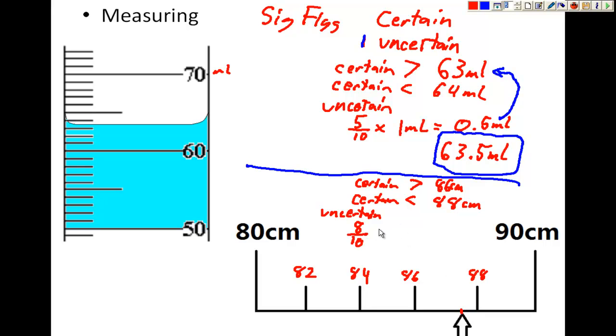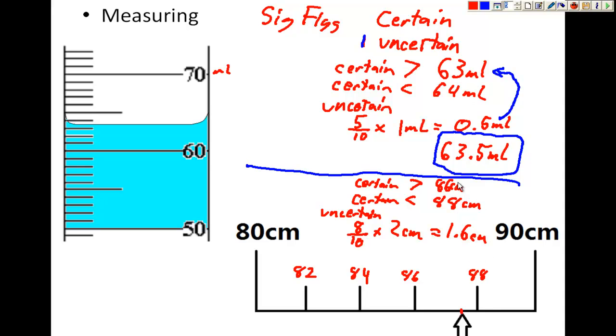And so I'm going to multiply that by the length of this one subdivision, which happens to be 2 centimeters. So 8 over 10 times 2 is equal to 1.6 centimeters. I do the exact same thing.